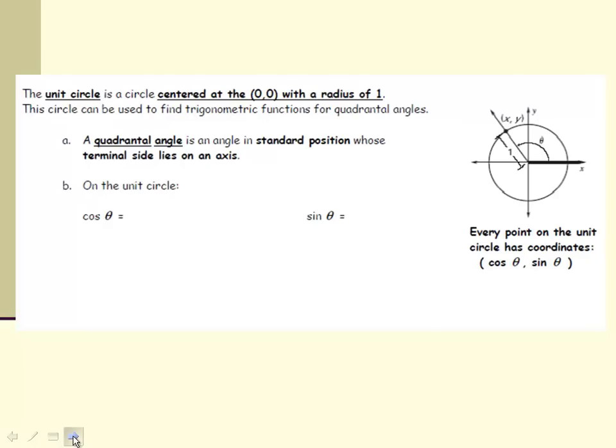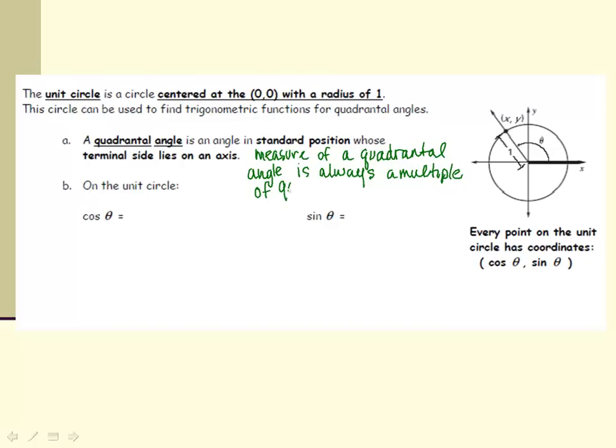So what we need to remember is that the measure of a quadrantal angle is always a multiple of 90 degrees, or in radians, pi over 2.